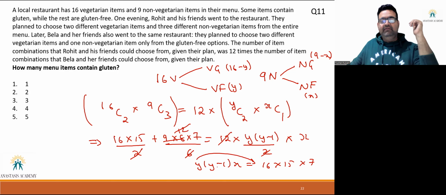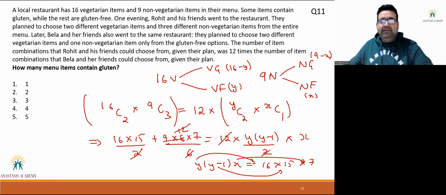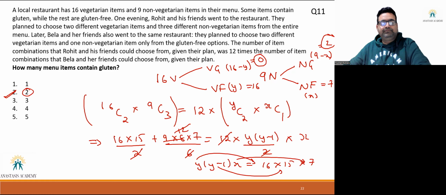Y becomes 16, y minus 1 is 15, and x becomes 7. So my answer is that this y was 16. So all the vegetarian items are gluten-free and there is no gluten in veg. Similarly, x is 7 and 9 minus x is 2. So zero gluten items here, 2 here. My net total gluten items becomes 2.